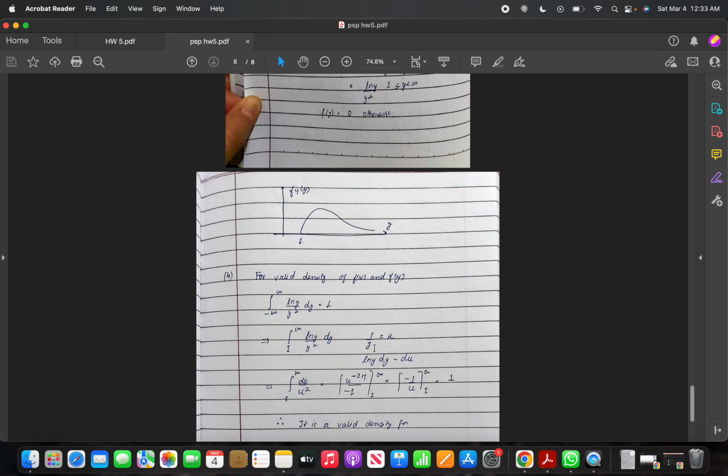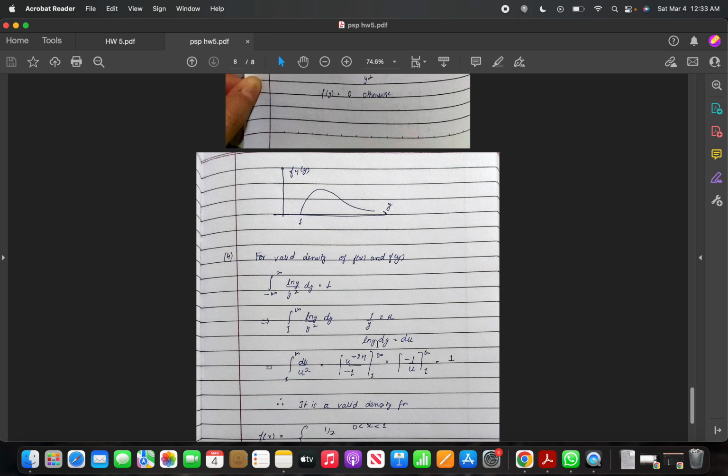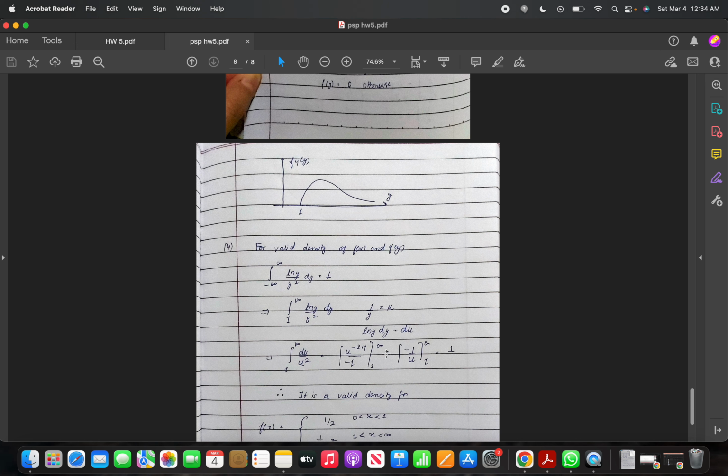Now we assume 1 by y equals u, this is an assumption that we are making, and so when we take the derivative on both the sides, we'll get ln y dy equals du.